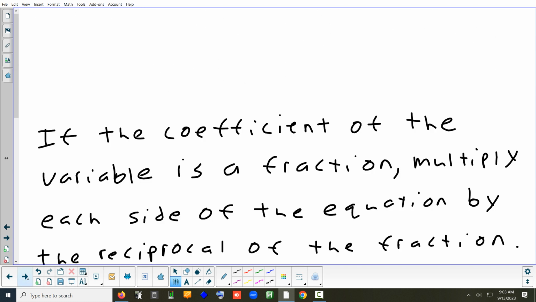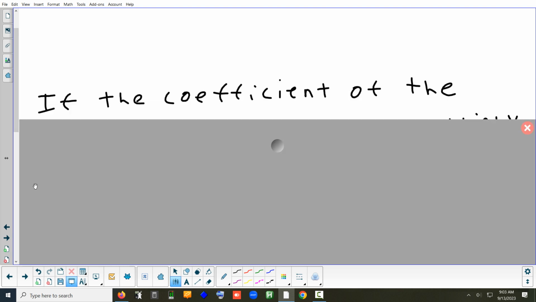Now on your guided notes, the first line you have says, if the coefficient of a variable is a fraction. So when would that happen? Well, that would look something like this. If we had to solve an equation like that, we've got a fraction in front of the letter.